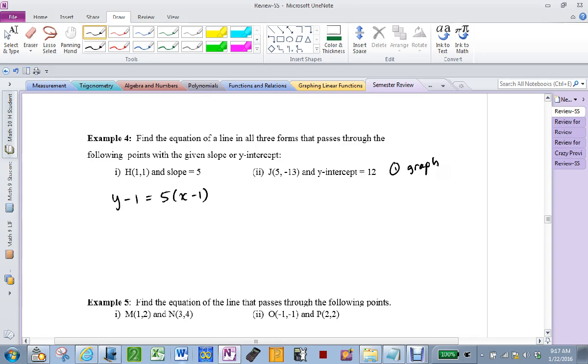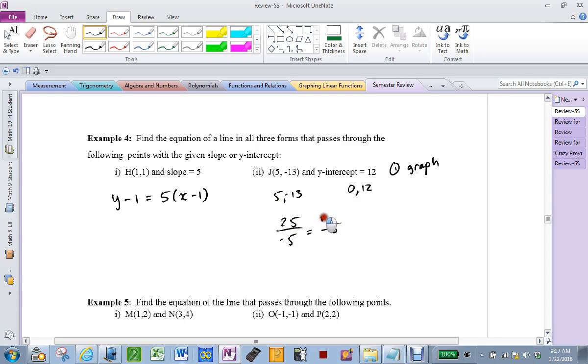Figure out the slope, always. Do you have 2 points to do slope? Yeah, you do, because the y-intercept is what? 0, 12. There's an x and a y, isn't there? So, you gotta write it out. So I got 25 over 0 minus 5, negative 5.